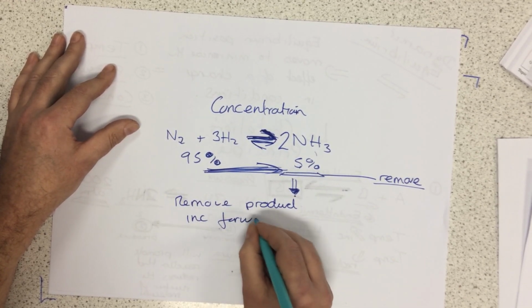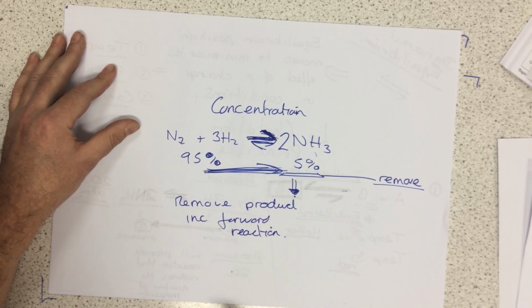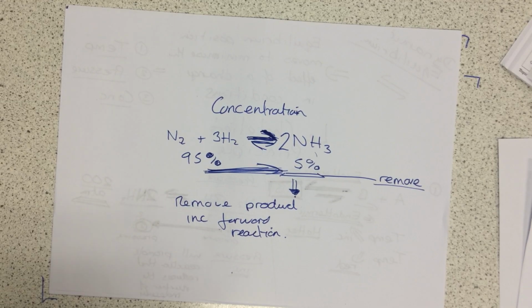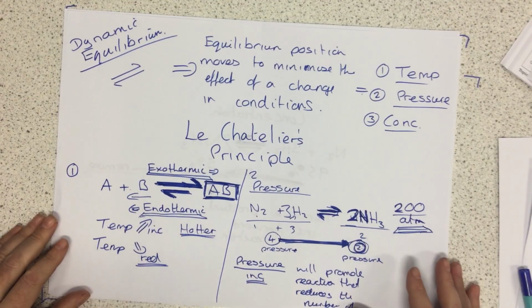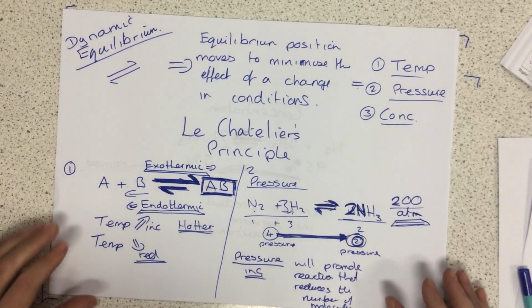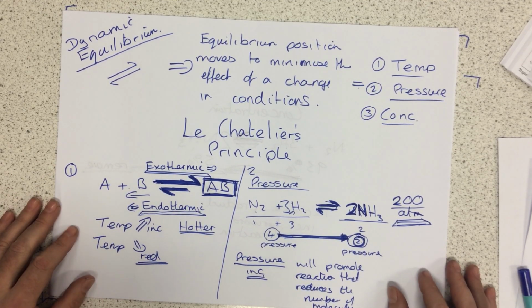That is in principle how the three different changes of conditions react with Le Chatelier's principle. So, in summary, Le Chatelier's principle explains how the equilibrium position in a dynamic equilibrium can be changed by changing the conditions.